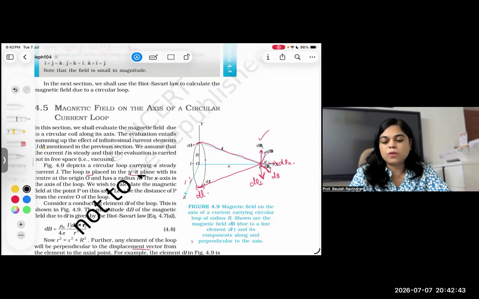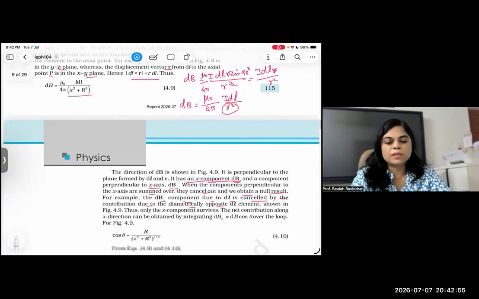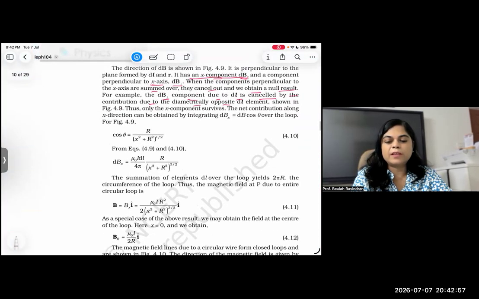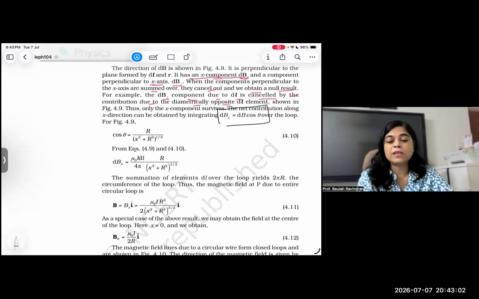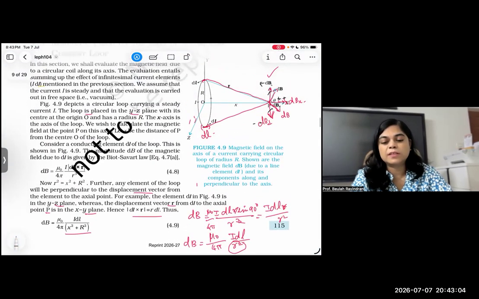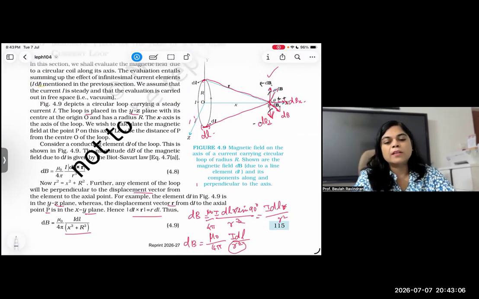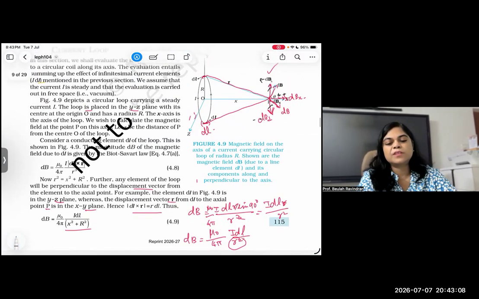These two perpendicular components, if you sum up, one will be plus and the other minus, so it is cancelling. And here dBx is both plus, so it is summed up. And dBx will be dB cos theta. You know that the horizontal component is the cos theta component.